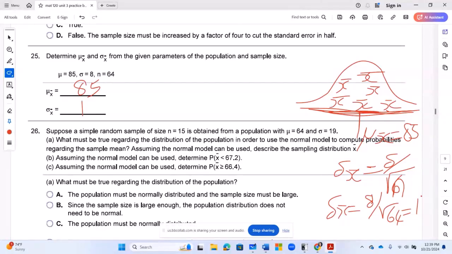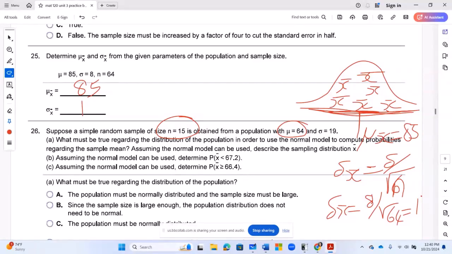Question number 26. Suppose a simple random sample of size n equal to 15 is obtained from a population with mean mu x bar of 64, and the standard deviation of the original data is 19.